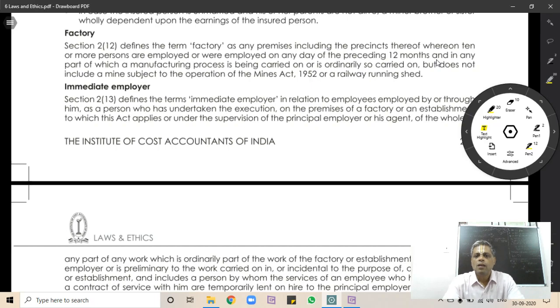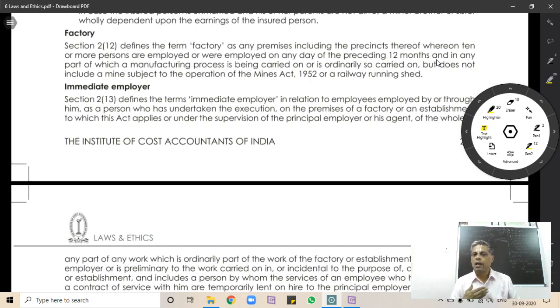Now, the manpower is deployed by the security agency on the premises of the factory or the establishment. So now the factory or the establishment will be called the principal employer, and the agency which is hiring them and deploying them will be called the immediate employer.